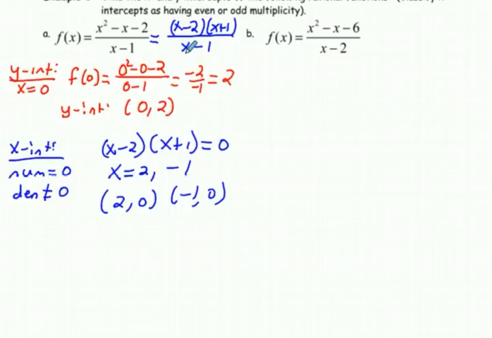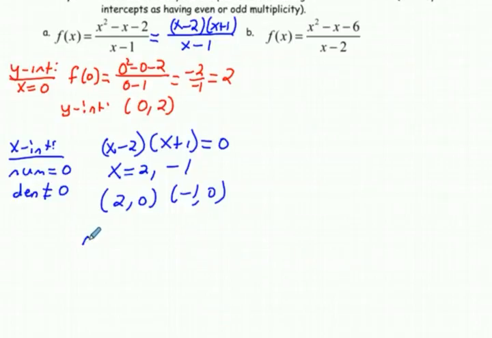And I want to talk about the multiplicity. The multiplicity of each one of these factors, x minus 2 has a power of 1, x plus 1 has a power of 1. So the multiplicity for each of these x-intercepts is odd. Let's go on to the next example.